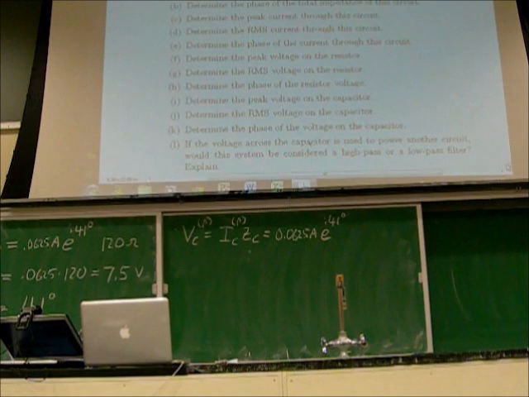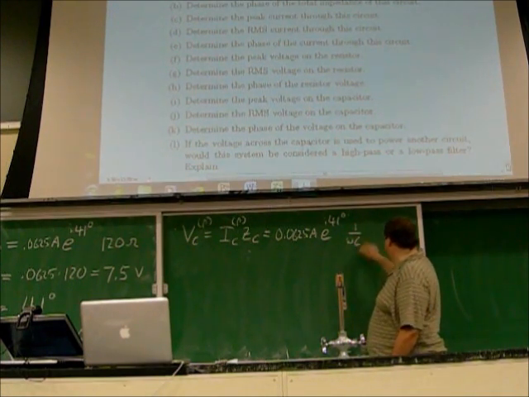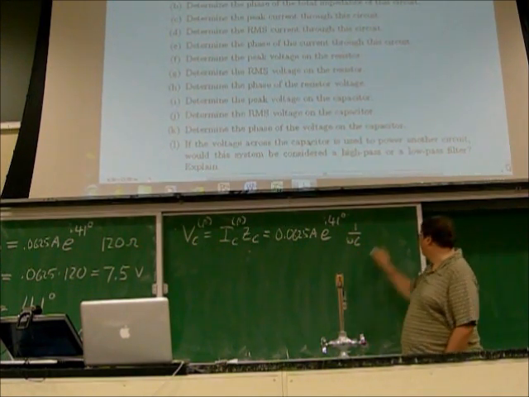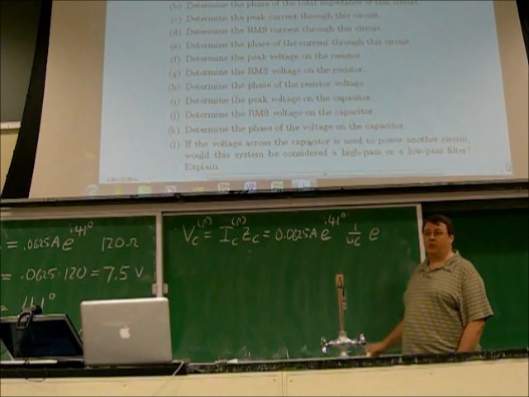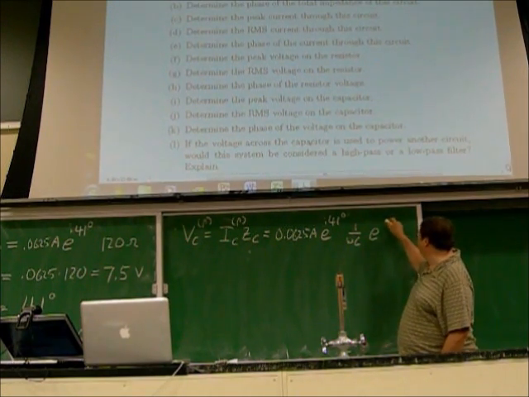And now we need the Z of the capacitor. Should this be in C e to the i phi format, or should this be in a plus ib format? C e to the i phi, in which case that's the constant. And e to the i, remember we're in the Euler format. And so what is that?